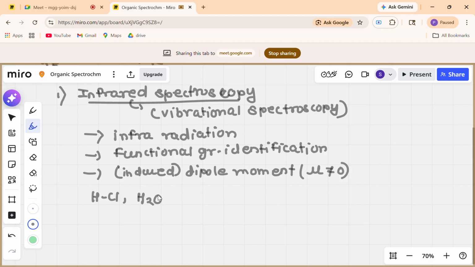In these cases, if we see the geometry of the molecule, in case of HCl, there will be a particular dipole induced along the internuclear axis between the H and Cl, right? So here your mu is not equal to 0.